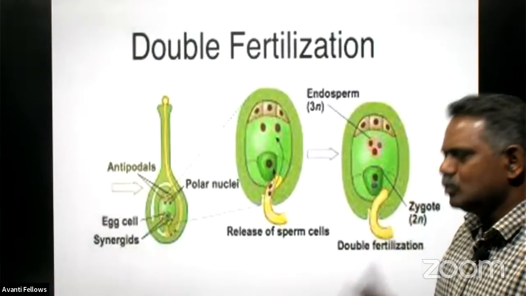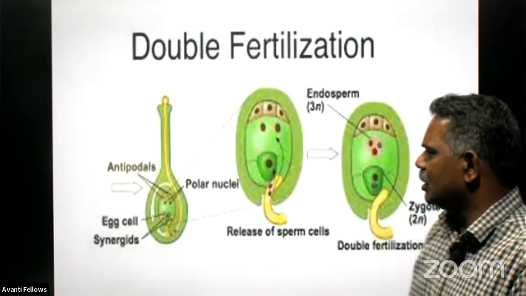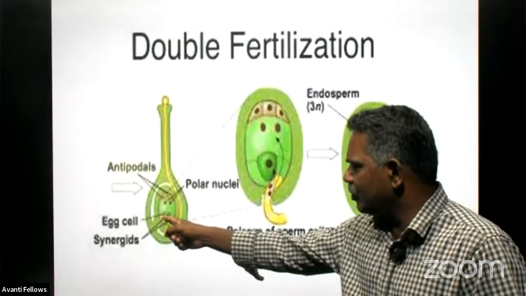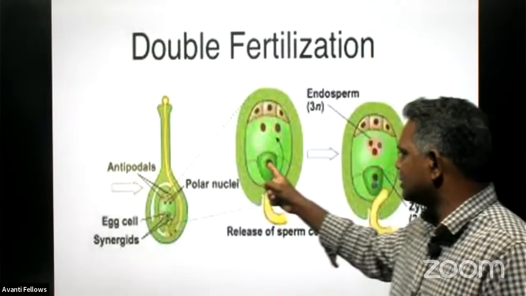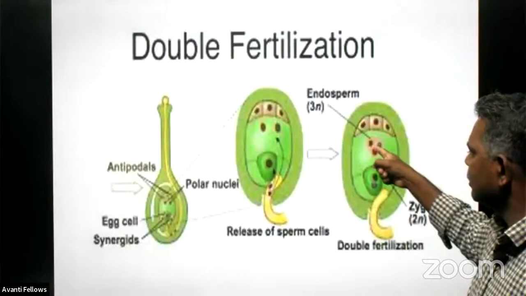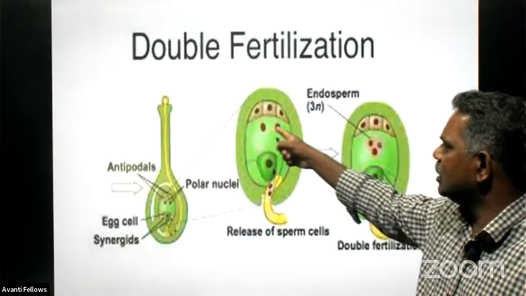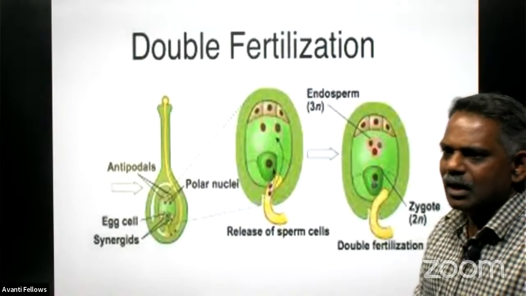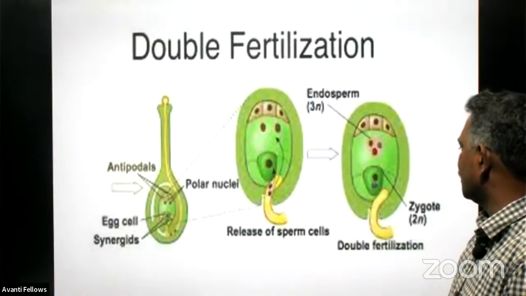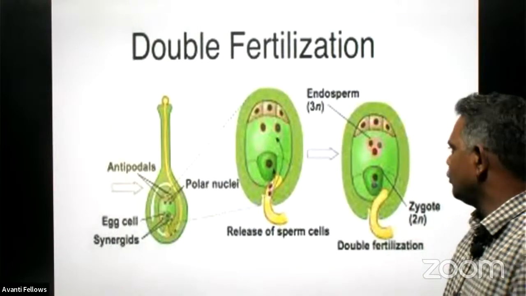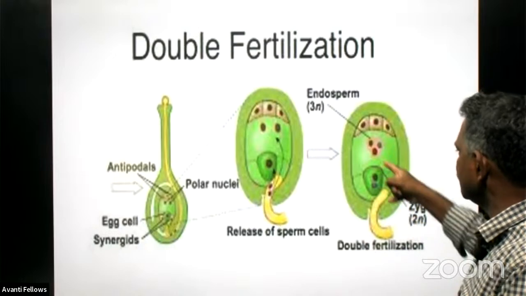So there are two fertilizations here: one is the fusion of a male nucleus with the egg cell, and another is with the two polar nuclei at the center of the embryo sac, which we call triple fusion.